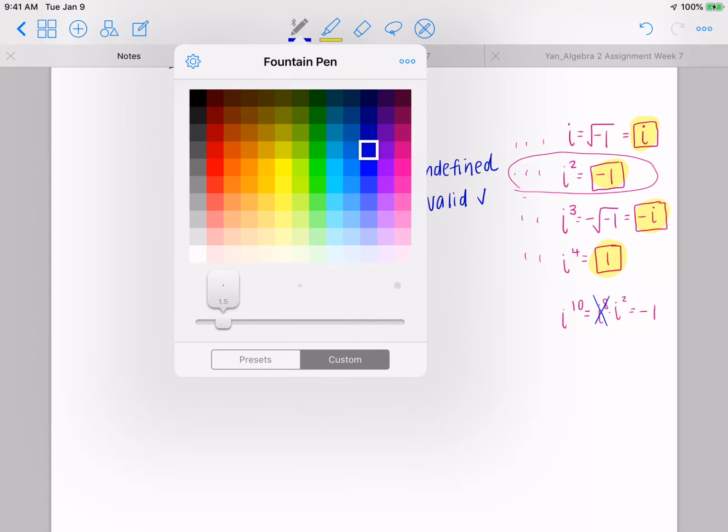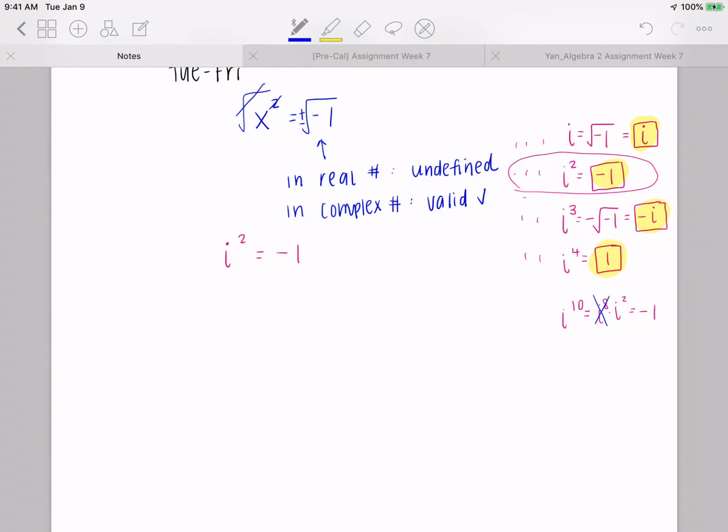But what if you are asked to do i to the 200th power? We don't have time to just count like this, right? So we want to check whether 200 is a multiple of 4. If it is a multiple of 4, then we can go straight to i to the 4th, and that's my answer already. But if it's not, we have to see how much remainder we have left.